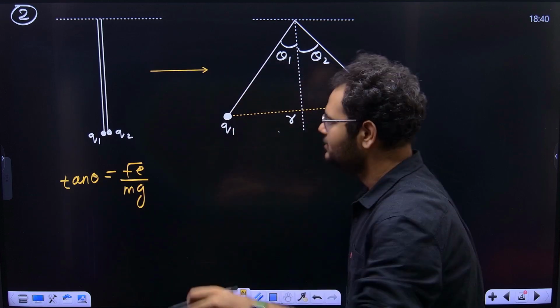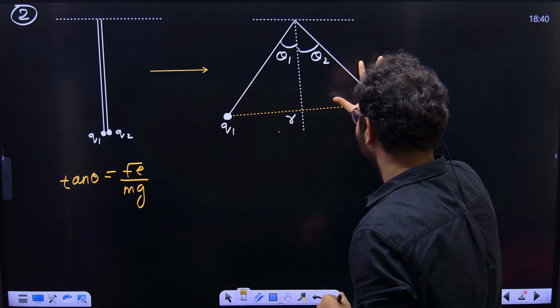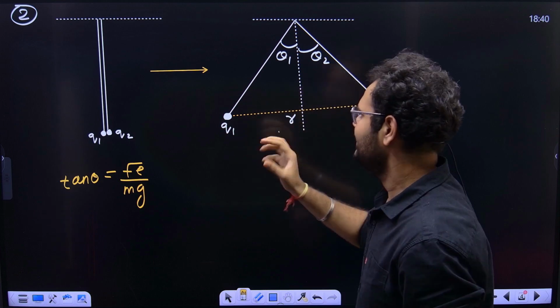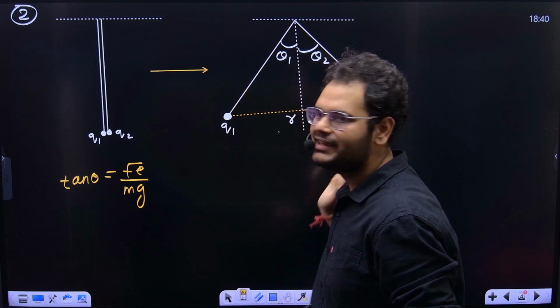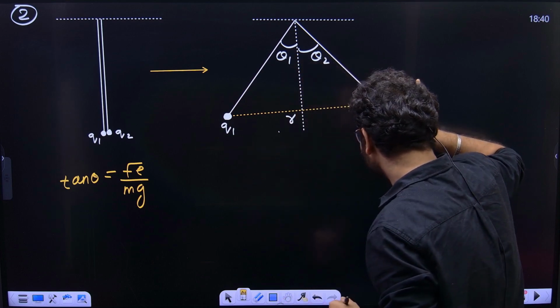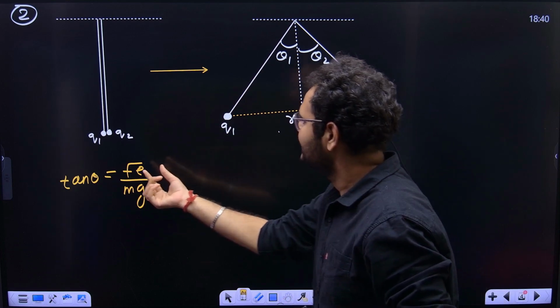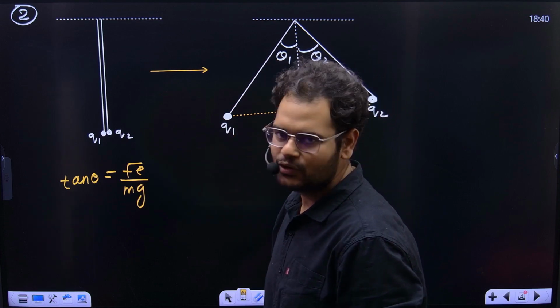You focus on this charge. Let us say for Q1. Who is stopping this Q1? What I am saying is, what makes this Q1 hang from the string? Why is it not oscillating? Electric force of Q2, correct? So can I say that Fe is nothing but electrostatic force between the charges? Are you getting what I am trying to say?